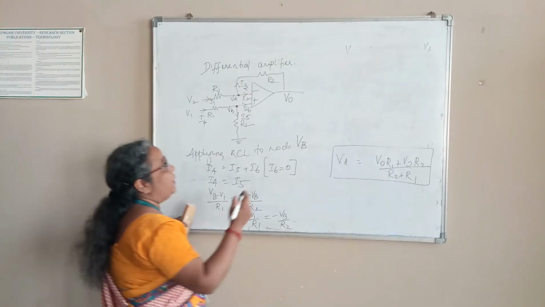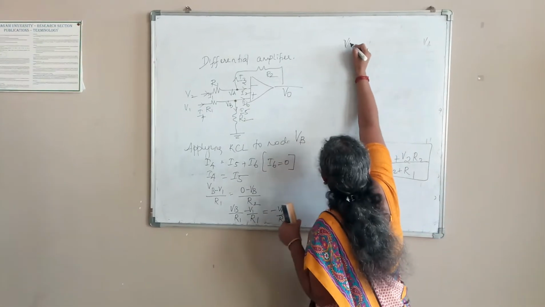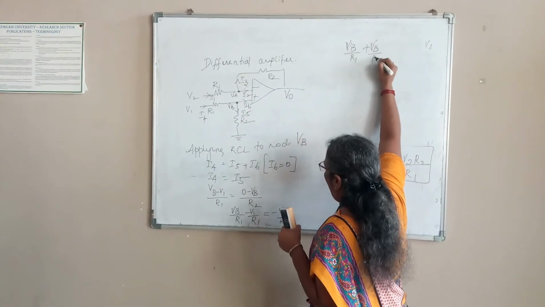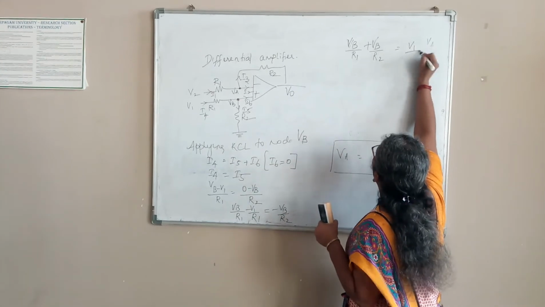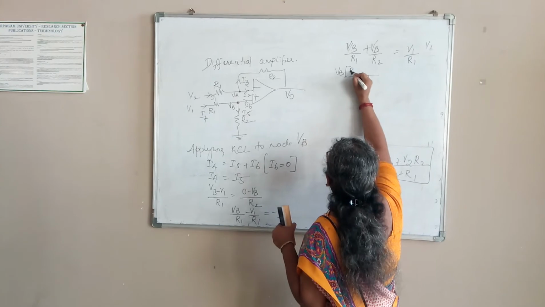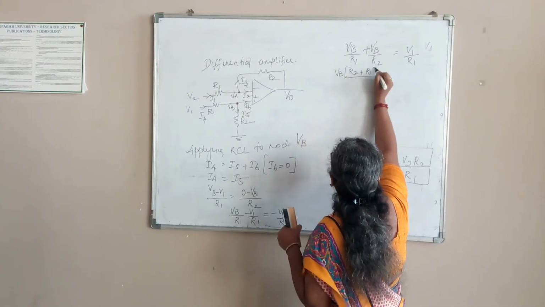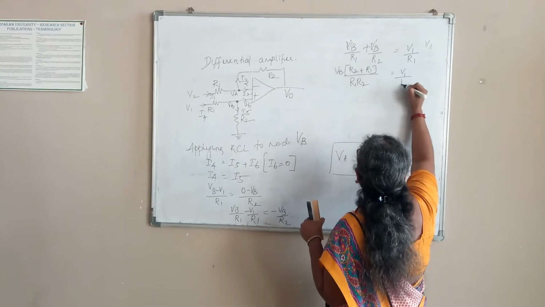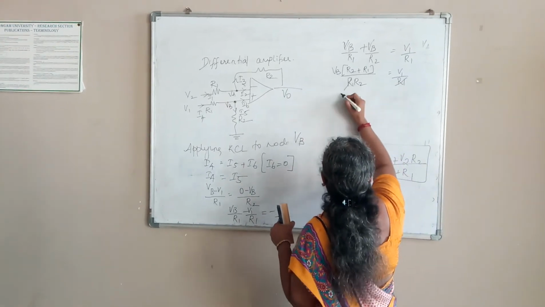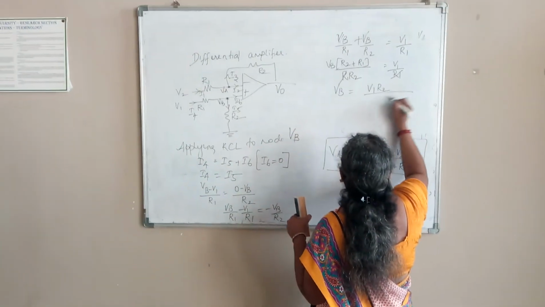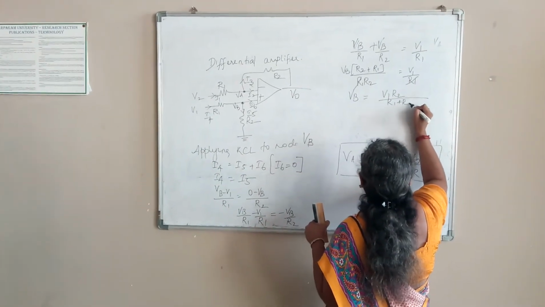So this minus VB I take to this side. So I get VB by R1 plus VB by R2 is equal to V1 by R1. When you take the LCM, you get VB into (R2 plus R1) is equal to this. So R1 gets cancelled. Your VB becomes V1 into R2 divided by (R1 plus R2).